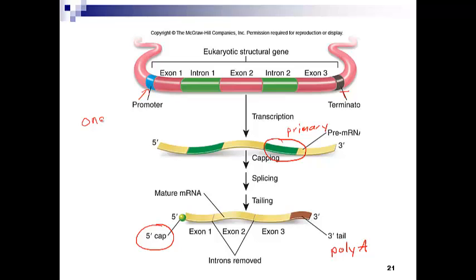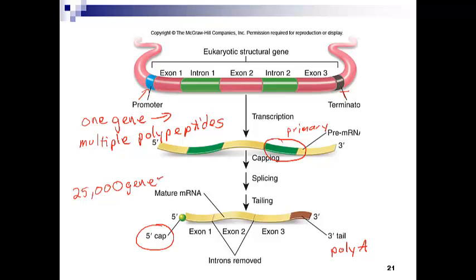So now one gene can encode for multiple polypeptides. Sort of shooting holes in this idea of one gene, one enzyme, right? We have a genome that's about 25,000 genes, and we have a proteome, which some estimate to be 100,000 proteins.